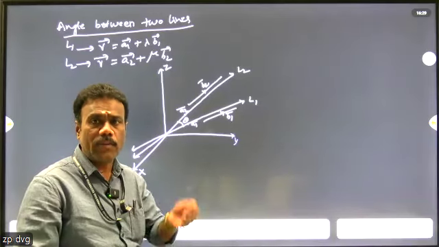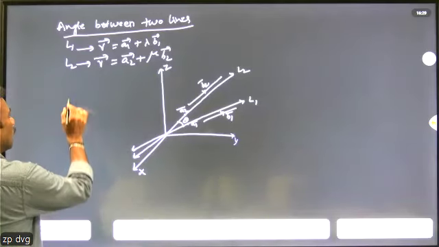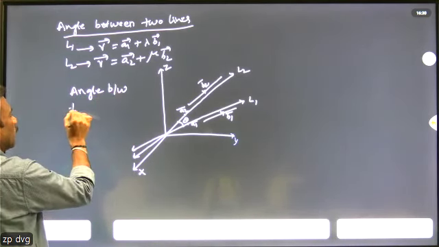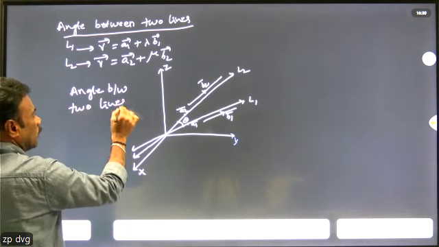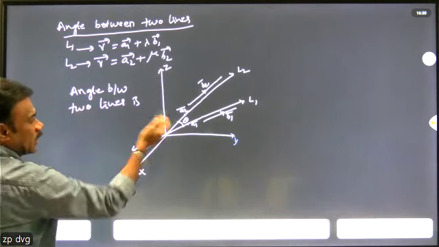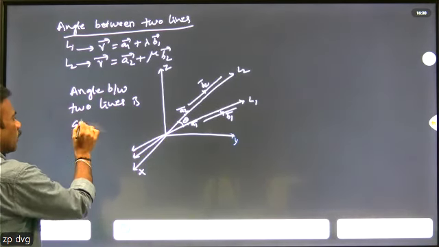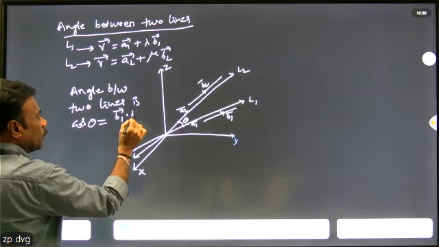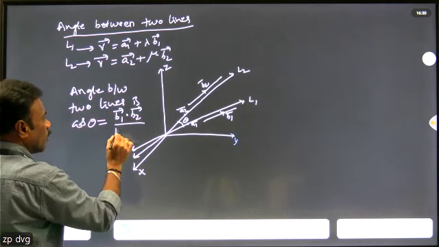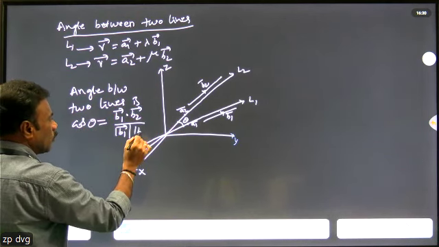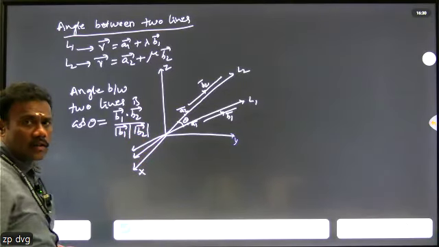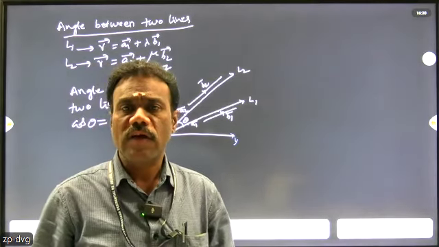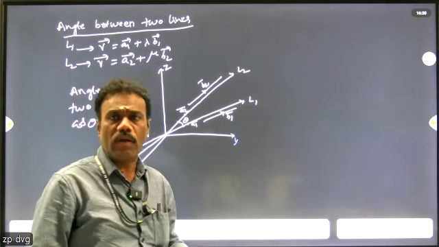So to find the angle between two lines, what formula will you get? If theta is the angle between the two lines, then cos theta is equal to b1 bar dot b2 bar by mod b1 bar into mod b2 bar. In vector algebra we learned that for the angle between two vectors a bar and b bar, cos theta is equal to a bar dot b bar by mod a bar mod b bar.